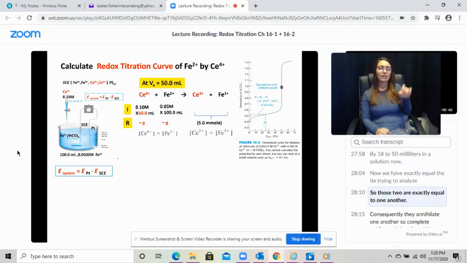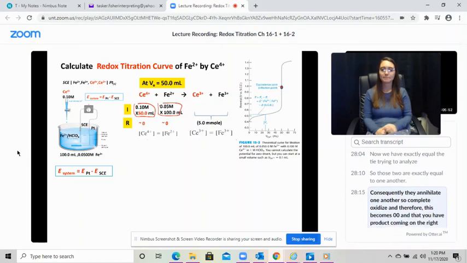So those two are exactly equal to one another. Consequently, they annihilate one another, so complete oxidation, and therefore this becomes 0, 0, and you have product coming on the right hand side.